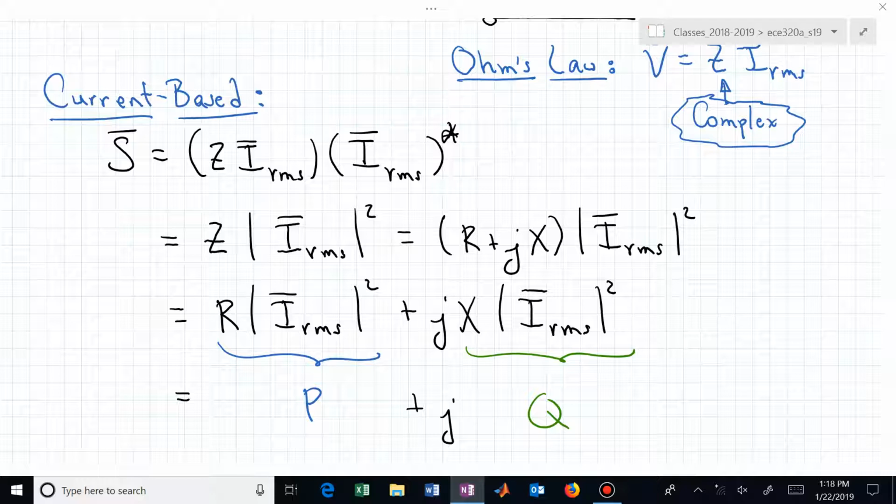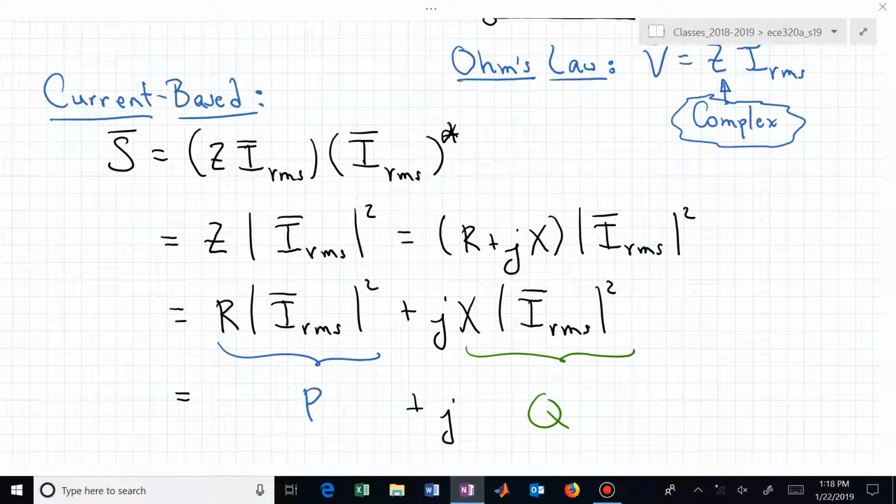The complex power then is Z times the magnitude of the current squared. We could write that impedance Z in its rectangular form as a real part and an imaginary part, where we're now representing those as R plus jX. The magnitude of I squared is simply a number.